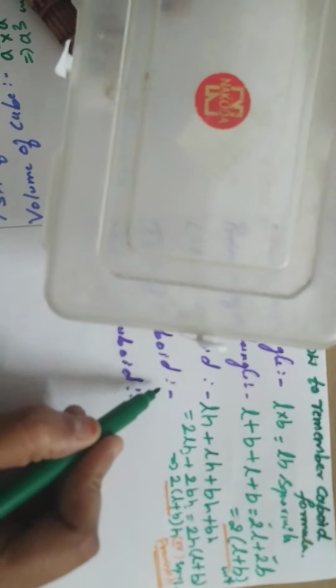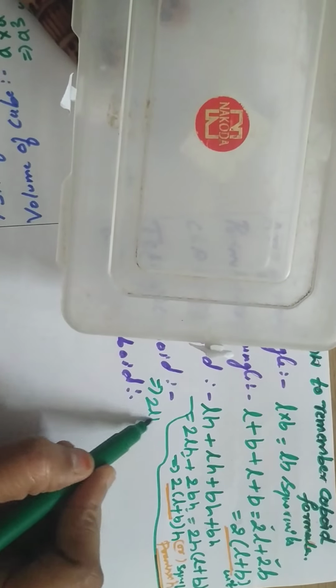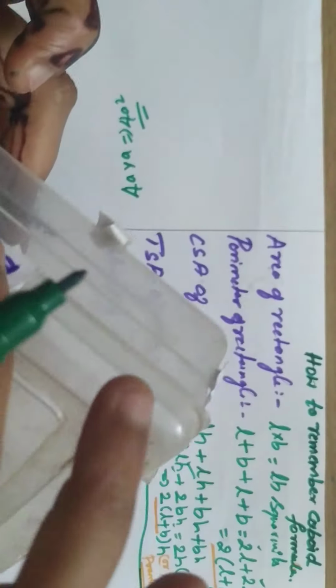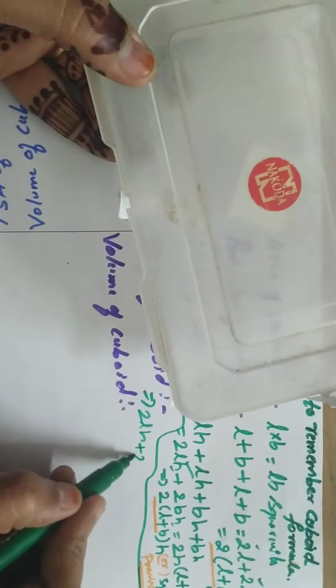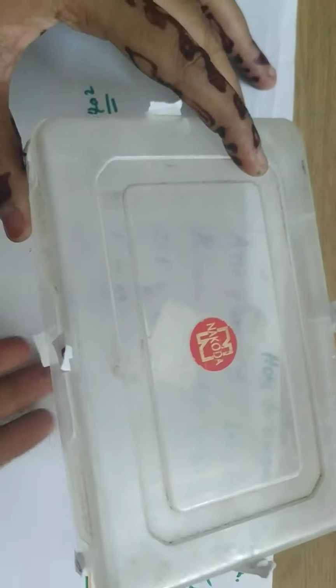What are the sidewise we have completed here? Both sides are LH, so I'll directly write it as 2LH. Similarly, these two sides are breadth into height, so it's 2BH. Which portion is left out now? Sideways are done. The left out are top and bottom.